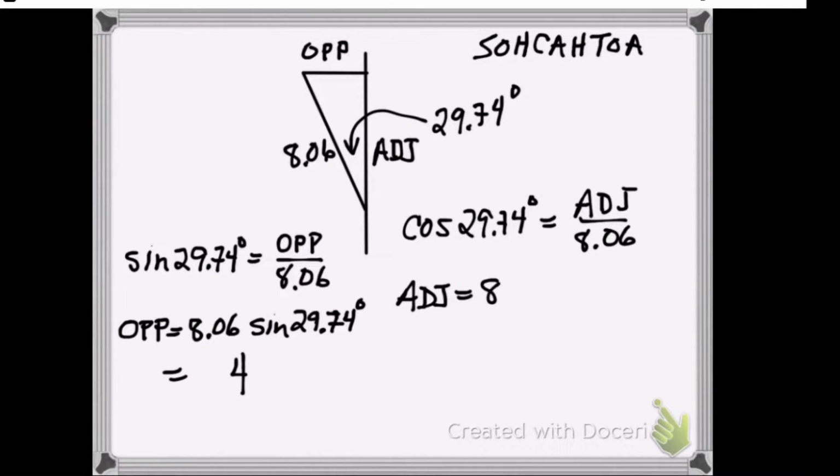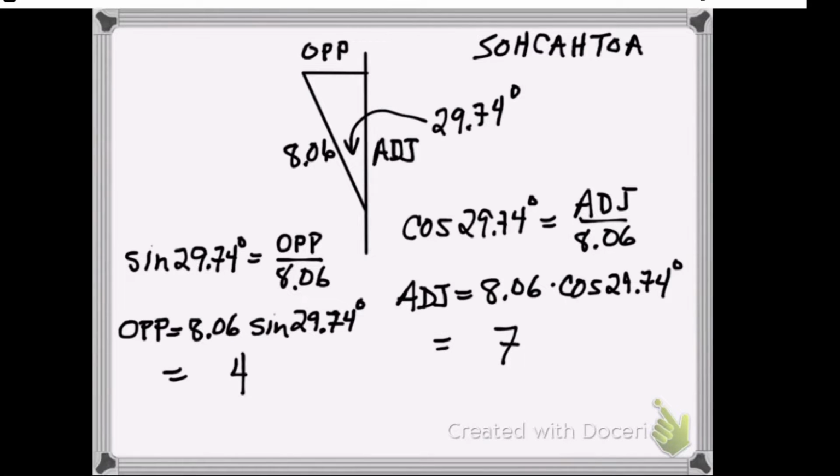So we get 8.06 multiplied by the cosine of 29.74 degrees. And we're going to multiply that out. So that's what our adjacent is equal to. So 8.06 multiplied by the cosine of 29.74. And that turns out to be 6.998, etc., which we can round off to 7.